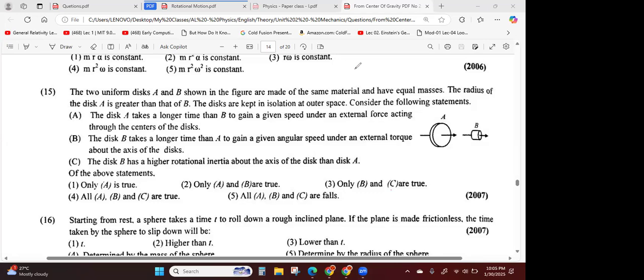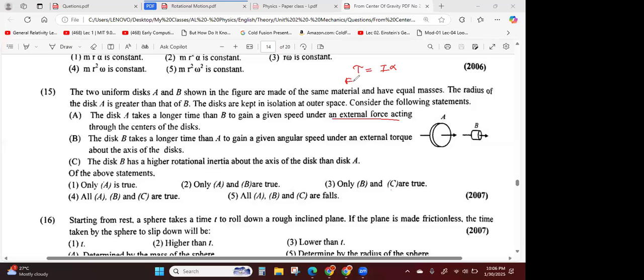So we can write torque equals I alpha. Under an external force, we'll consider how alpha relates with force.